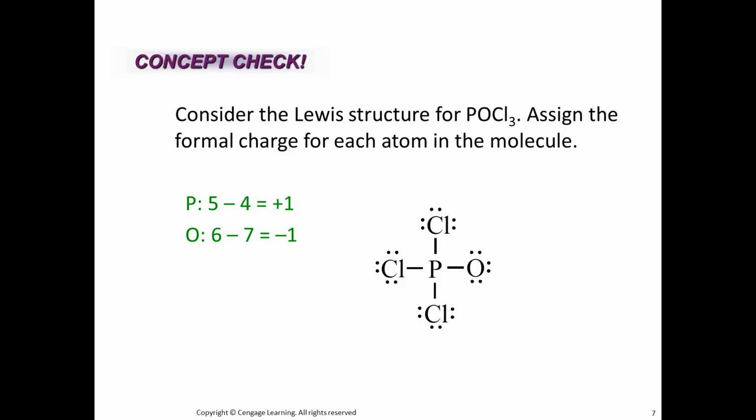All of the chlorines are equivalent here, so we only have to calculate the formal charge for chlorine once. Chlorine has 7 valence electrons.